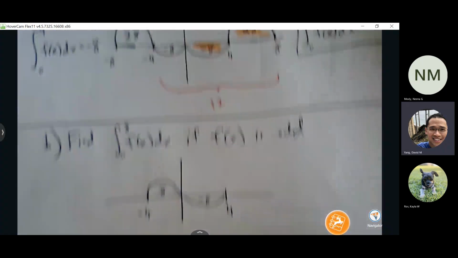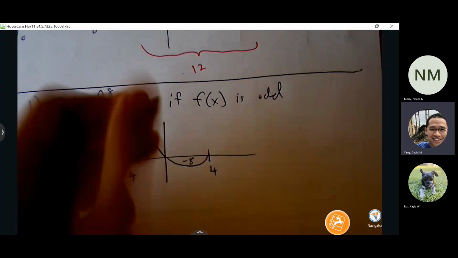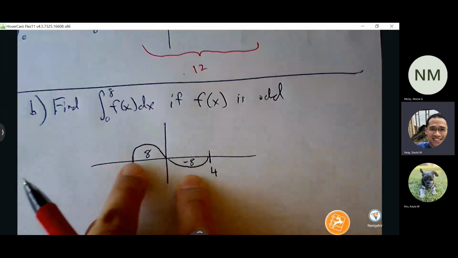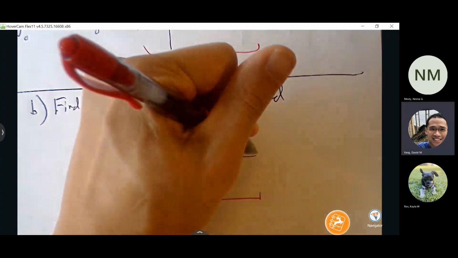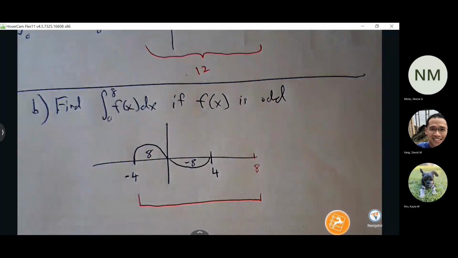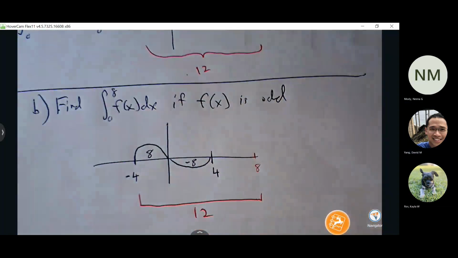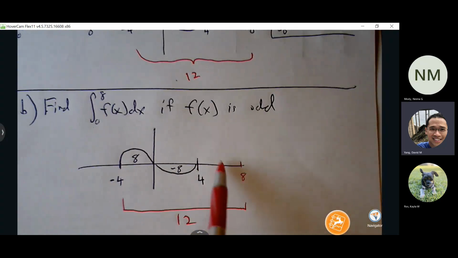So again, now I'm down to that last property. So I'm not going to change this. I'm not going to touch this. I just know that I'm going to add up and make sure that things total to be 12. So this is already 8. This is already -8. So what must be the missing piece?